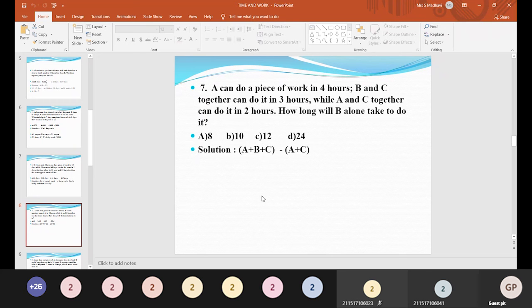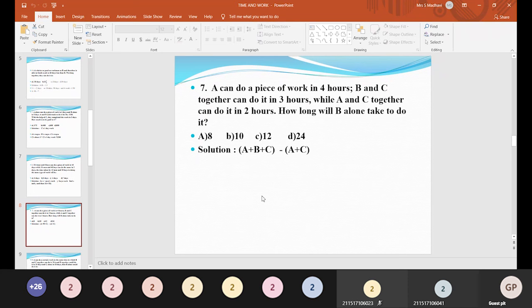So A plus C's 1 hour's work means 1 by 2. So we get the answer as 1 divided by 12. This is B's 1 hour's work. To find the total number of hours, we have to take the reciprocal, then it is 12.